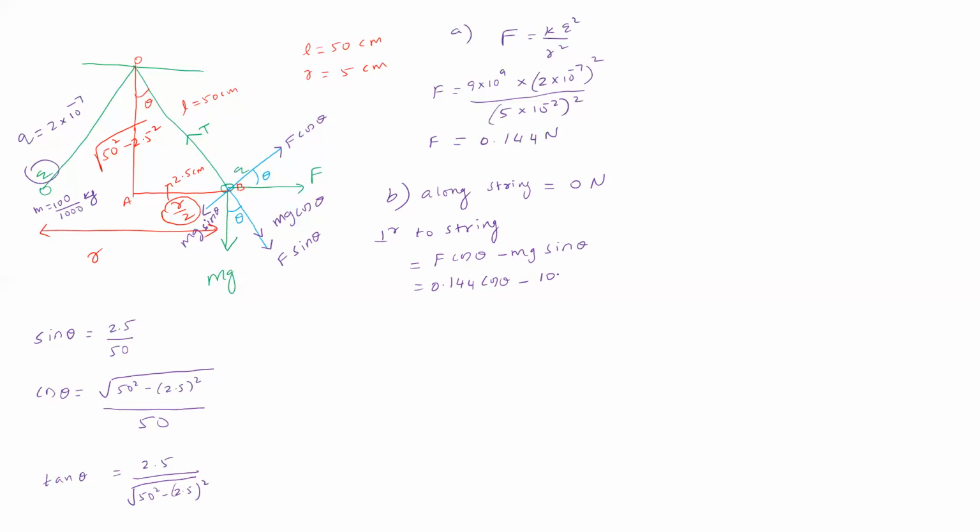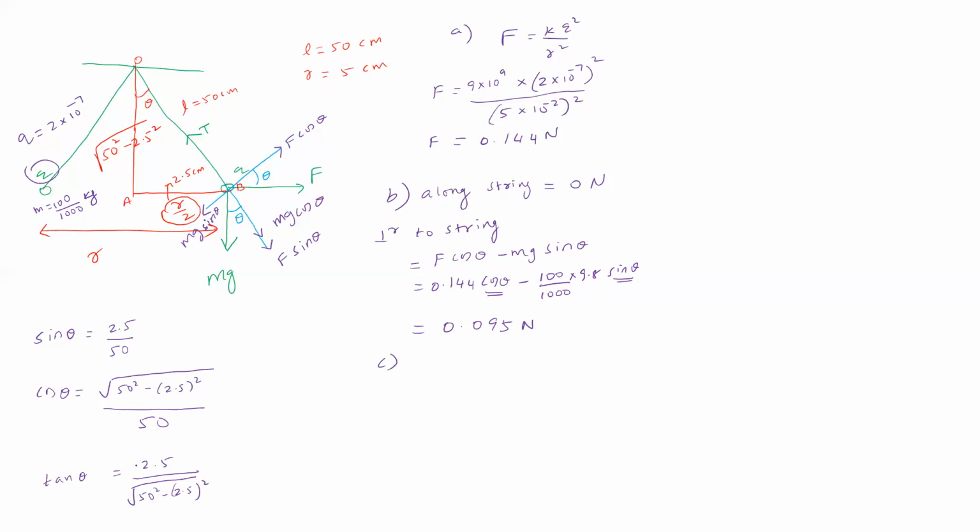So 100 by 1000 into g value 9.8 into sin theta. The sin theta value we got is 2.5 by 50, substitute here. By substituting all the values, we get the force perpendicular to the string as 0.095 Newton.